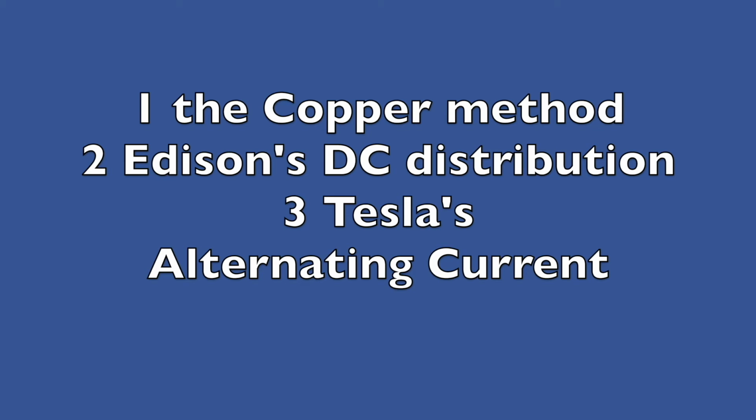The second method, in an attempt to send the whole energy through thin wires, is the method that Edison would have used.